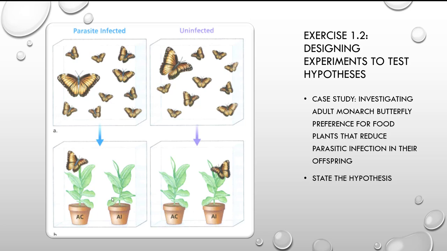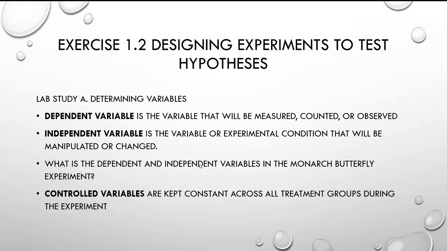One type of plant has an anti-parasite chemical at a high level, and one is at a low level. So in this case, there are two independent variables. And the dependent variable is the number of eggs laid. So we're counting how many eggs are laid on each of the plants by each of the types of butterflies.